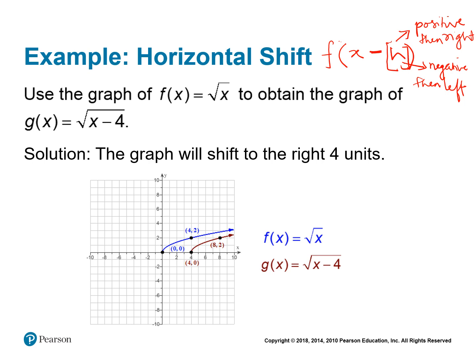So let's put this in this form, f of x minus h. I'm going to write that again here to keep it clean. G of x equals square root of x minus 4. Okay, but our form was f of x minus h.